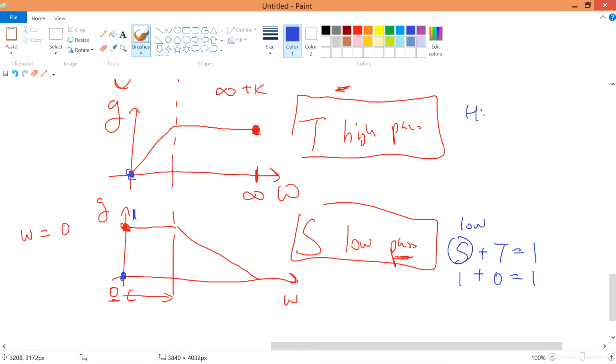As for high pass, S plus T equals 1. If you take a look at S, let's say this point is infinity frequency, at infinity frequency S is equal to 0, right? The gain is in fact 0.